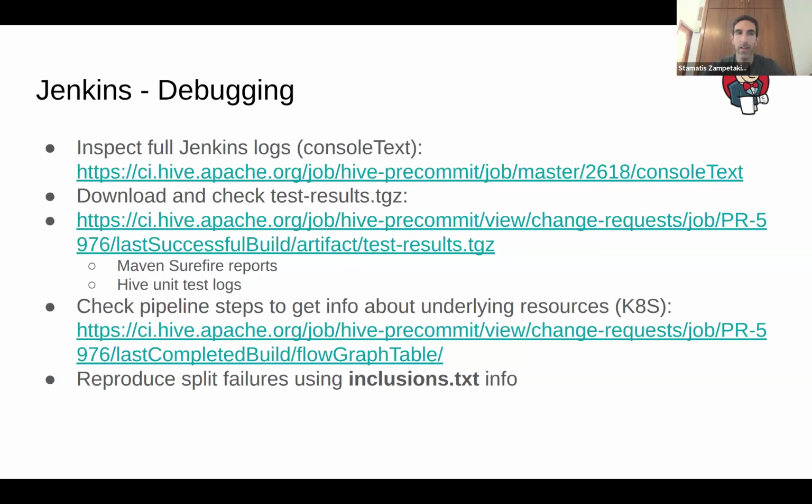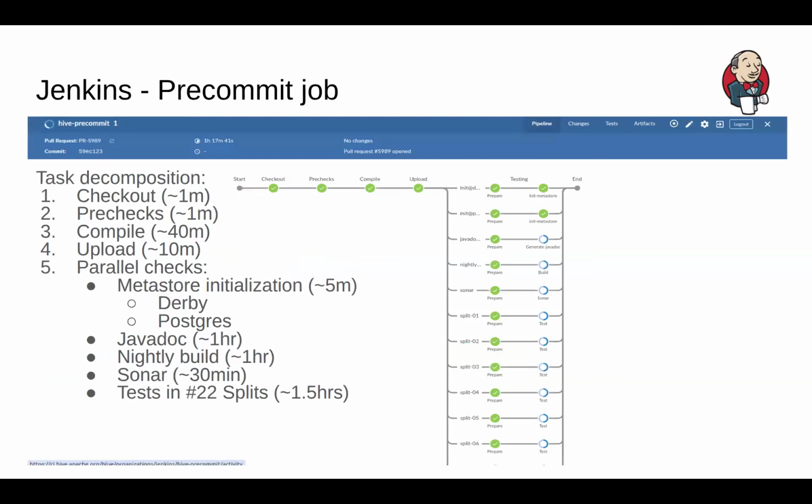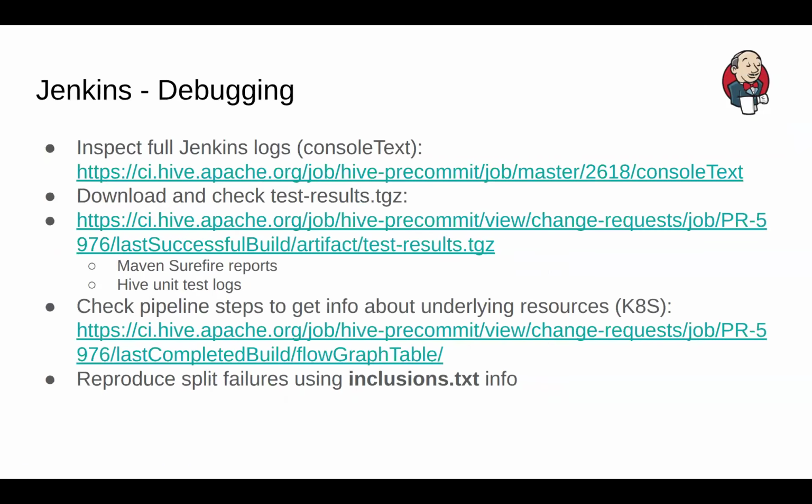So basically, you can find it there. Okay. So if you click, do you see my cursor or not? The mouse. Yes. Okay. So if you click the prepare step here, normally down in the logs, you will see the inclusion file. Got it, thanks.